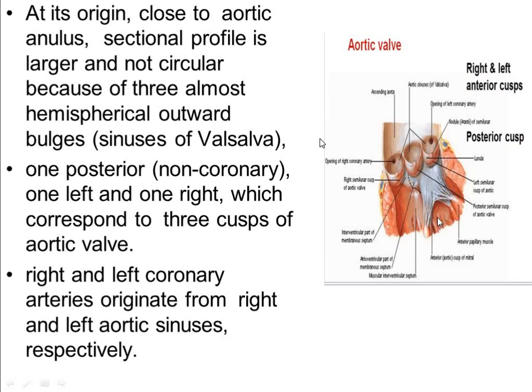When blood is pumped from the left ventricle to the aorta, it reaches the ascending aorta, and when the ventricle relaxes, the blood does not come back into the left ventricle, but gets lodged in these aortic sinuses so that the aortic valve is closed.